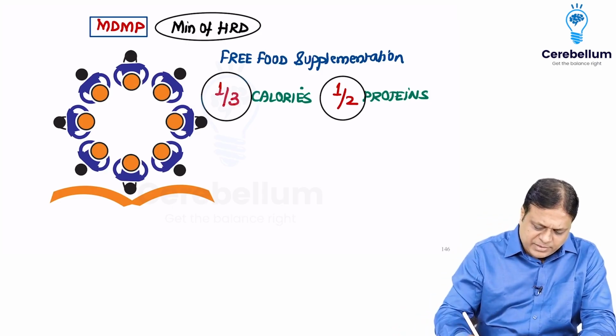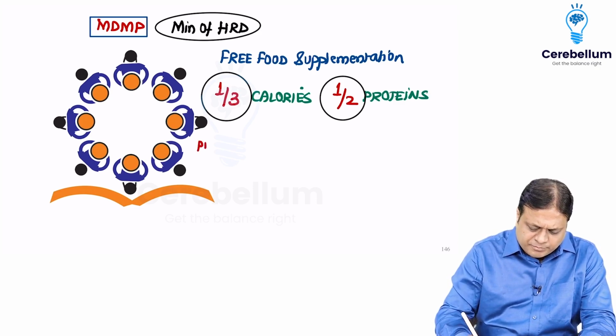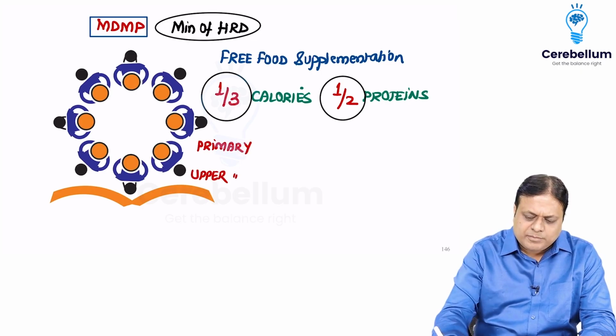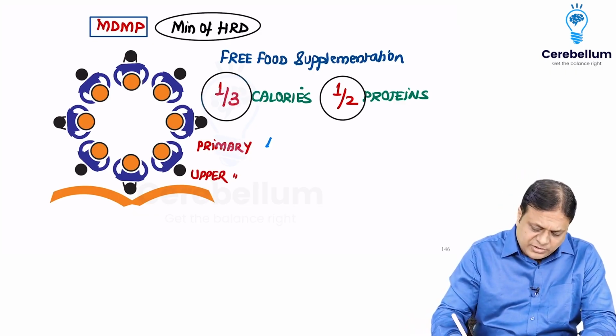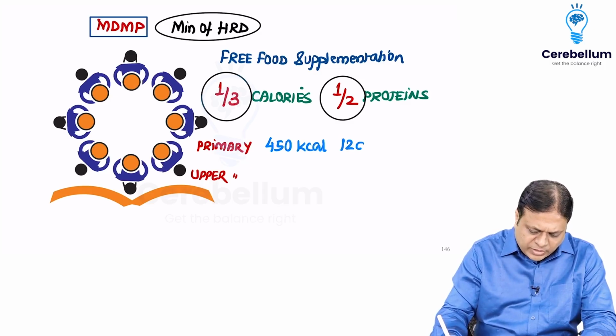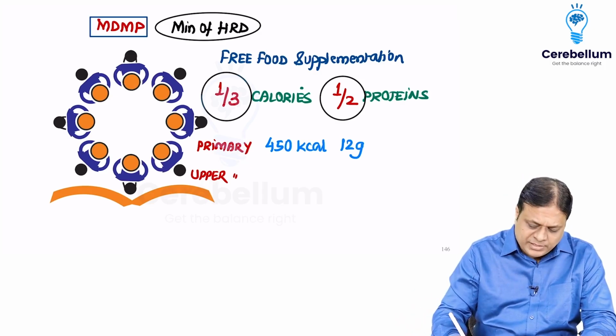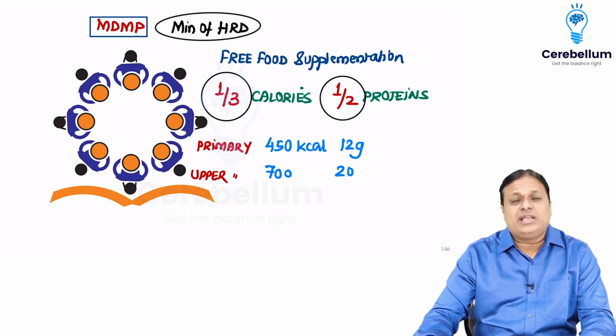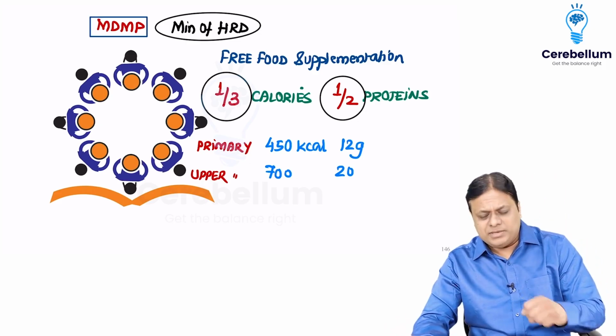Here target beneficiaries are children in the primary classes and upper primary classes. Primary classes children are given 450 kilocalories and 12 grams of protein per day. It is given as 700 kilocalories and 20 grams of protein per day in upper primary classes.